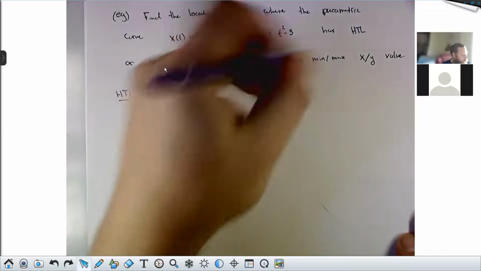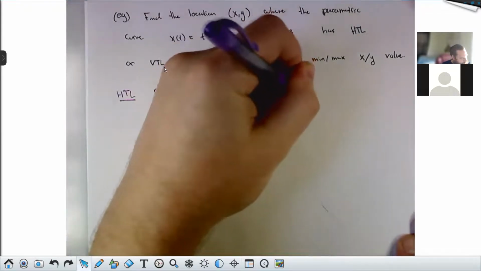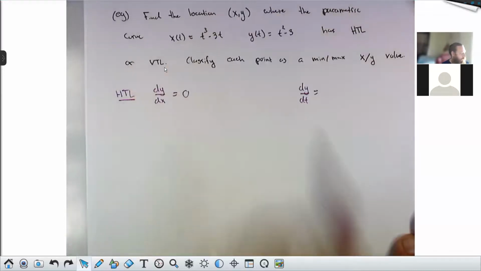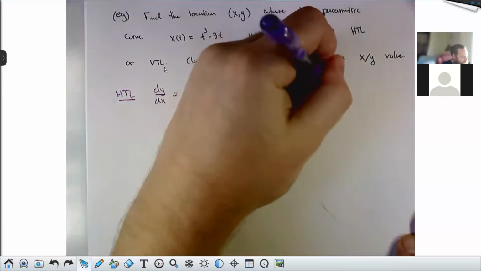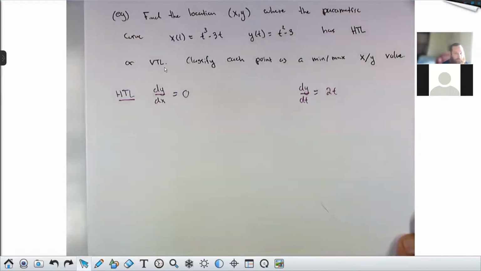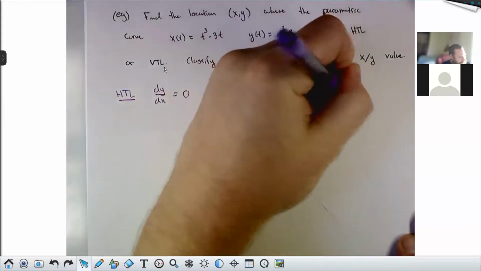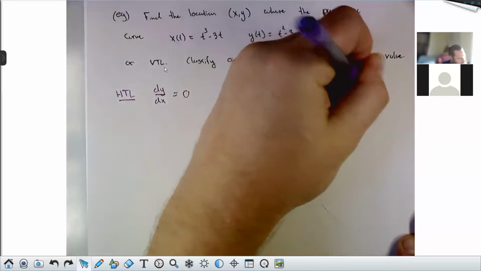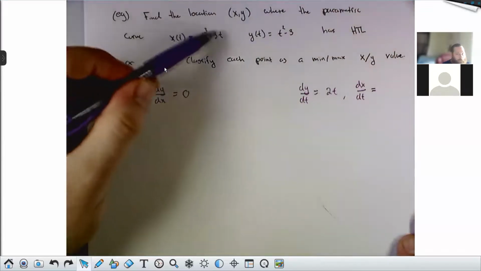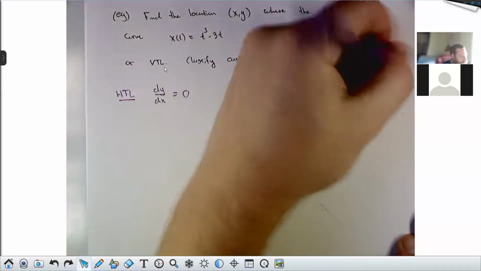So I'm going to calculate dy dx using dy dt and dx dt. dy dt is 2t, right? I just take the y function and differentiate with respect to t. dx dt, if I differentiate the x function with respect to t, I get 3t squared minus 3.